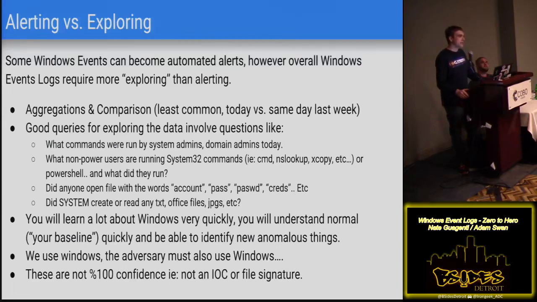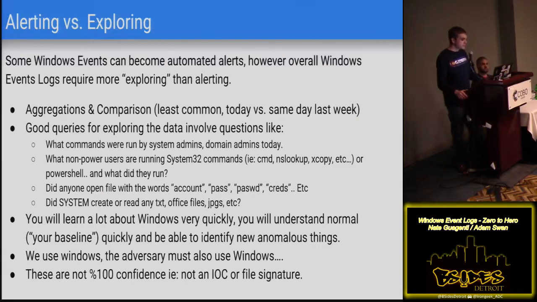You can alert on some things like CScript, WScript, these sorts of process creations, but it's almost better to have a tool like Elastic that allows you to do aggregations, right? So last 30 days, what are all the processes that were created? Let me look at the least frequent process creations. Let me look at the least frequent user accounts, things like this.